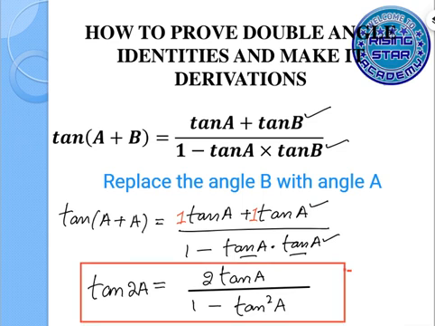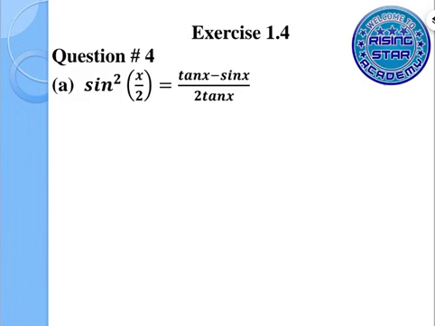Now we will prove some trigonometric identities from exercise 1.4, question number 4, by using these. So let's start now. In this question, to prove the trigonometric identity, we can take either the left side or the right hand side, but I will take the right hand side, that is the bigger side basically.